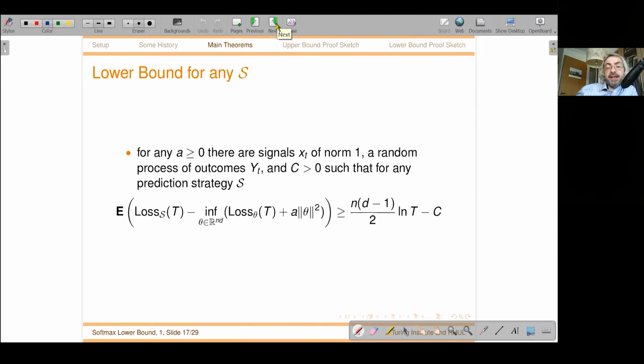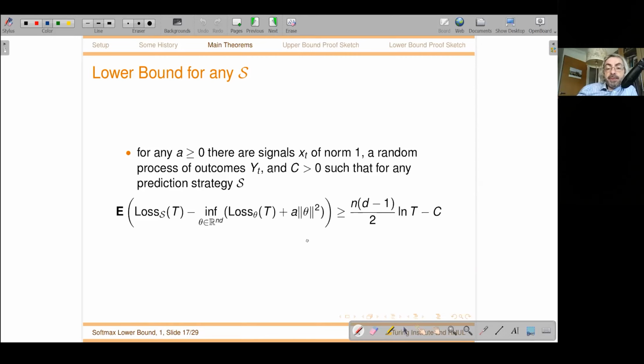So this is the upper bound, and the lower bound is probabilistic. So I will say a few words about this. The lower bound says the following. We have signals of a bounded norm, and we have a random process of outcomes such that for every prediction strategy, the expectation of this loss difference is lower bounded by (n(d-1)/2) times the logarithm of time, minus some constant.